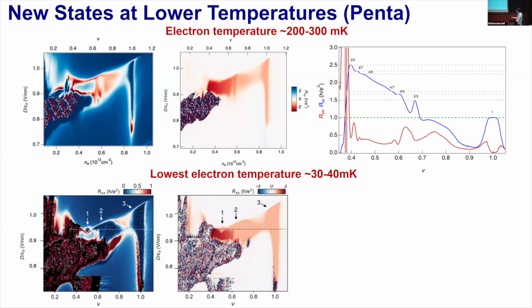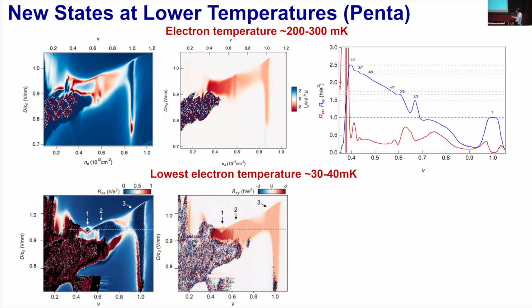And the number 3 region is sort of inheriting the original C=1 Chern insulator, but now becomes wider. Okay, there are 3 regions showing h/e² quantized RXY at zero magnetic field, and the 3 regions almost connect into one big region.